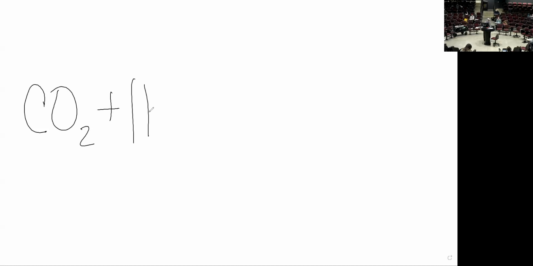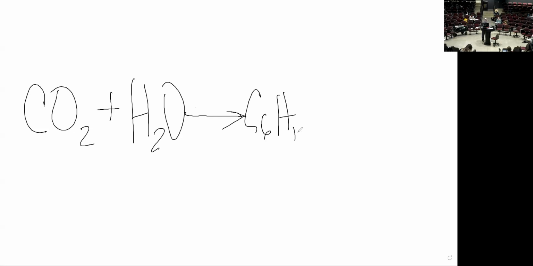Capital H, subscript 2, capital O. Arrow pointing right. Okay? Capital C, subscript 6, capital H, subscript 12, subscript 6.